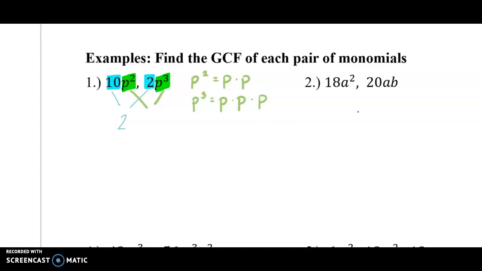How many times do they both go in? 1, 2. So the largest term I can take out of there is p squared. I can take 2 p's out, p squared. So my final answer would be 2p squared. That is the largest term that can come out of those two monomials.